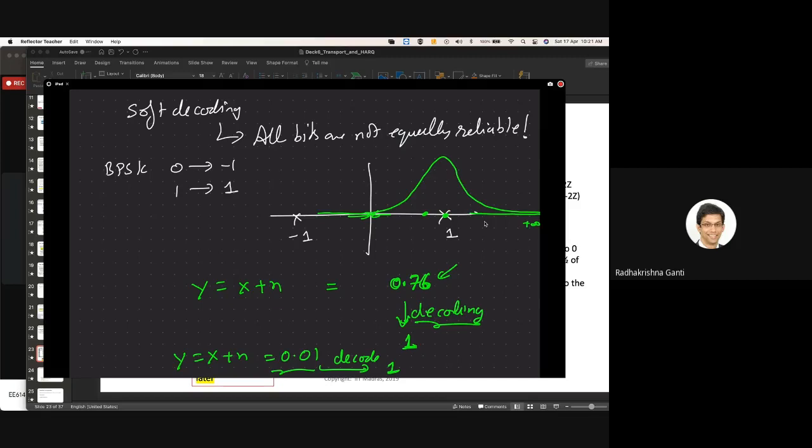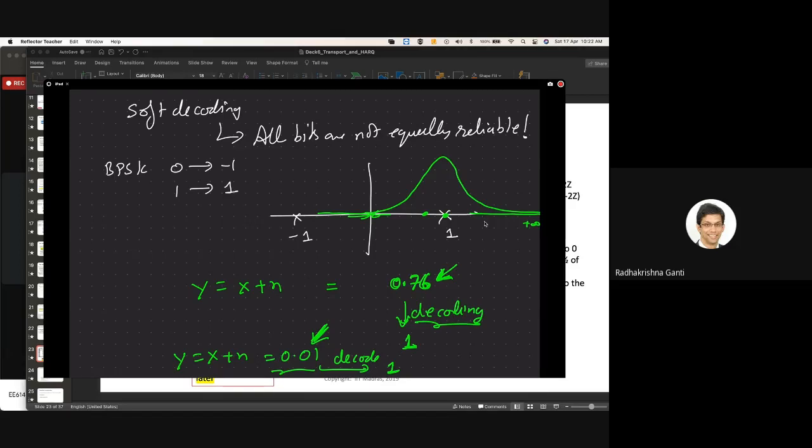This is called soft decoding. In soft decoding, you don't pass 1s or -1s. You pass these real numbers that you get. These real numbers are in some sense proportional to the probability that it's most probably a 1 or 0, 1 or -1.